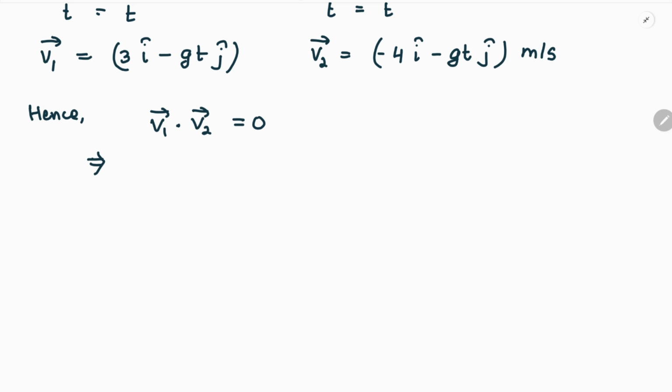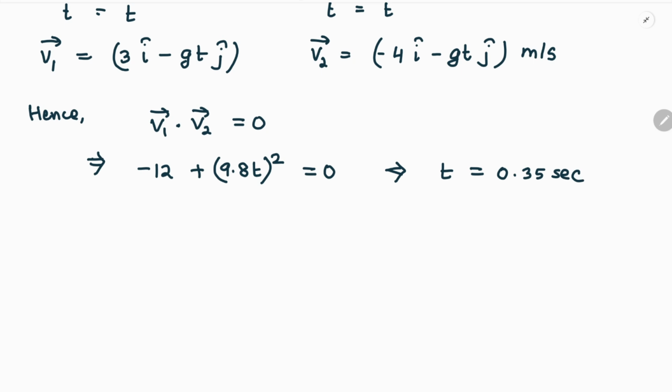We multiply the i cap part with the i cap part, that is minus 12, and gt with gt to obtain plus 9.8 square into t square, and this value is equal to 0. From here t can be calculated as 0.35 second.